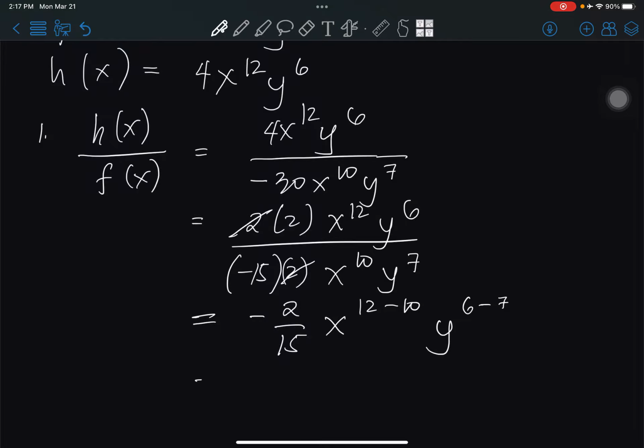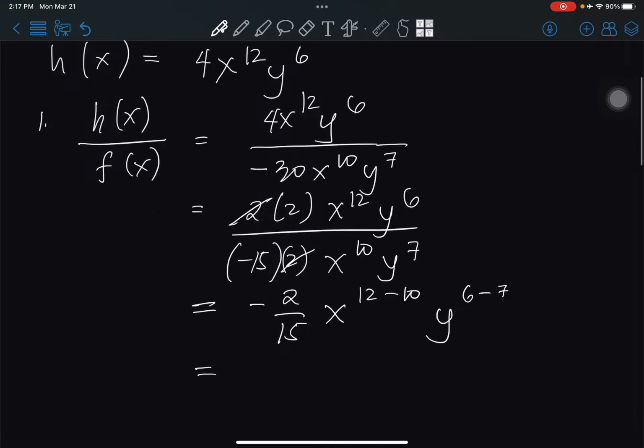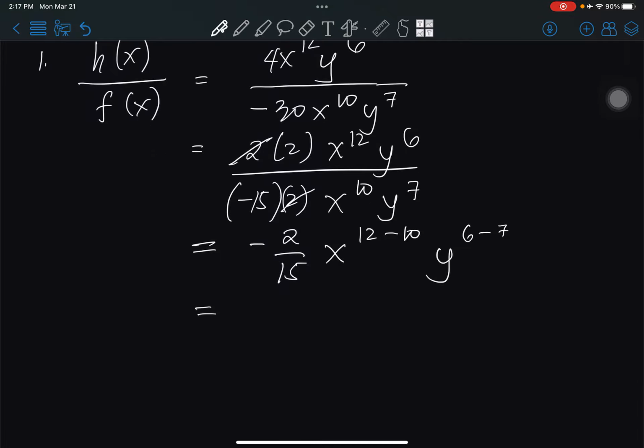Okay, and here we have the result now. We have negative 2 over 15, then x raised to the power of 2, then y raised to negative 1. And yet, if we have a negative 1 exponent, that is not yet considered as simplified. So we have to simplify it. We have now negative 2 over 15 multiplied by x.